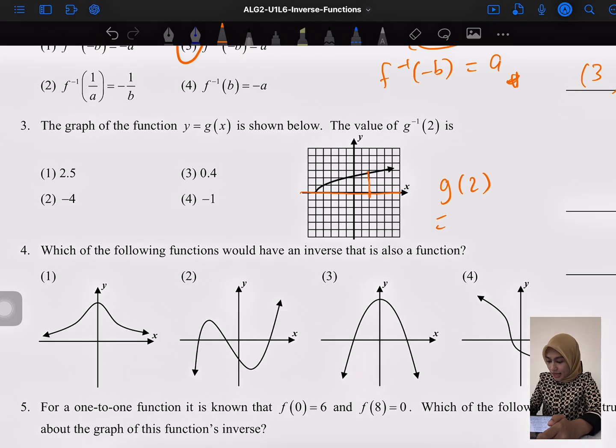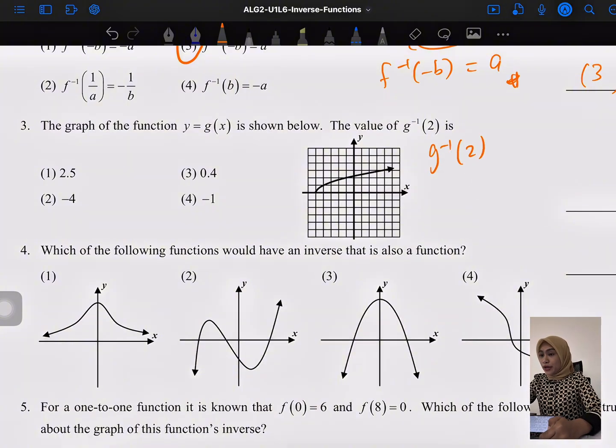But in this case, this is g inverse. For g inverse of 2, you go to the value of 2 and find the corresponding x value. So 2 is here. When we draw a line, it will give you around -1. This is our x value.